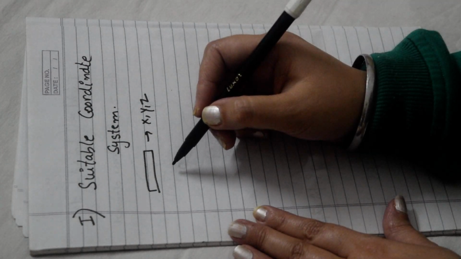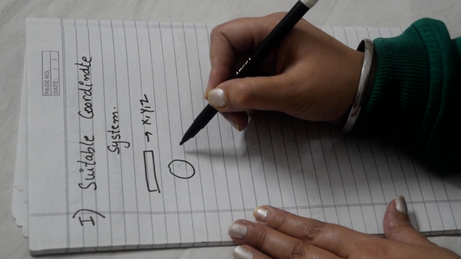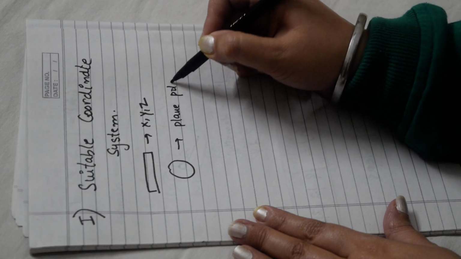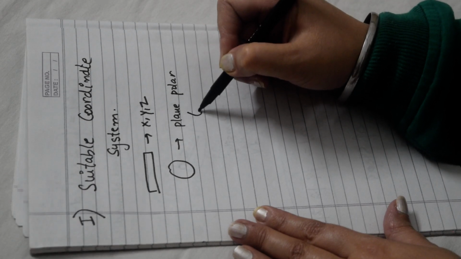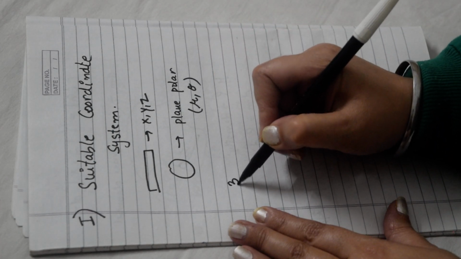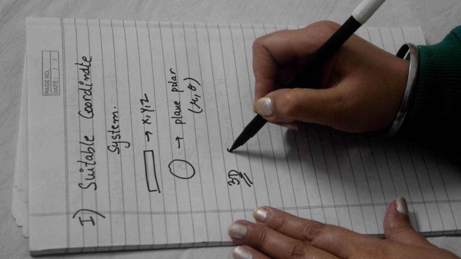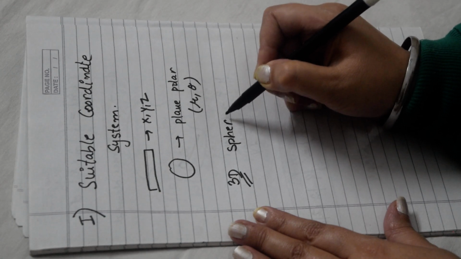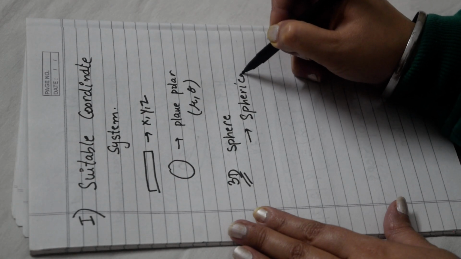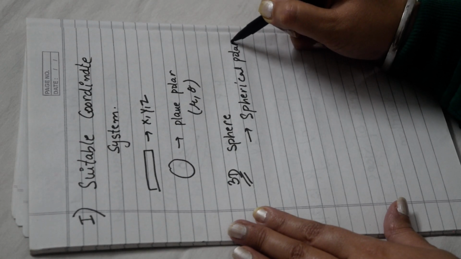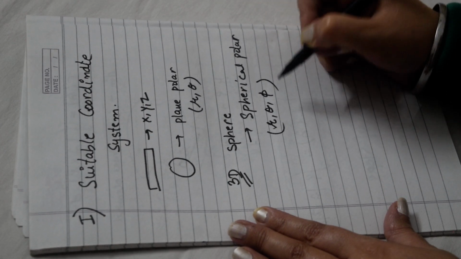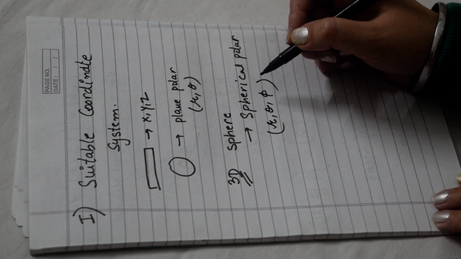Whereas if I want to find the moment of inertia of a ring, then I can choose my plane polar system, as already discussed in classes, having coordinates r and theta. Whereas if I study 3D and need to find the moment of inertia of a sphere, then I need to choose spherical polar coordinates, that is r, theta, phi. So this is how we have to choose our coordinate systems.